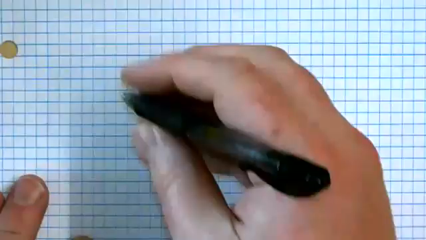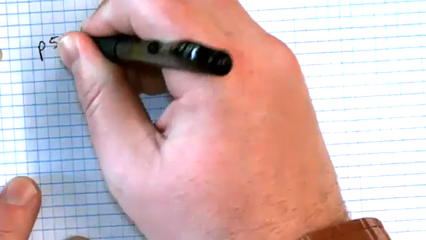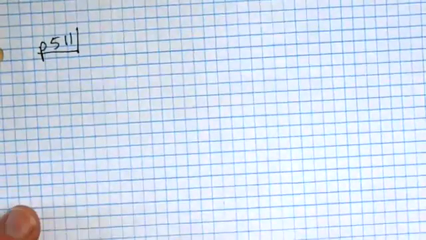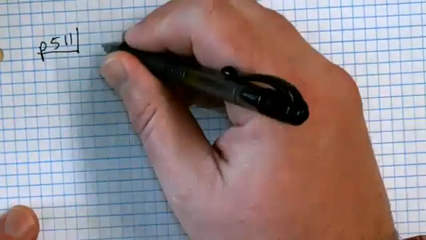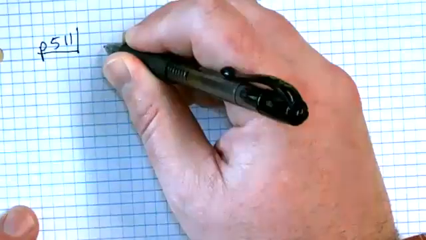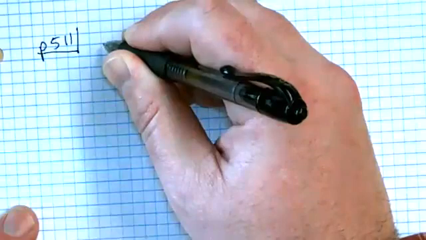All right, this is on page 511. If you happen to have your book with you, it would be helpful. Yeah, guys, get your books out. And I'm going to have you do, as part of your homework, 13 and 19 odd.